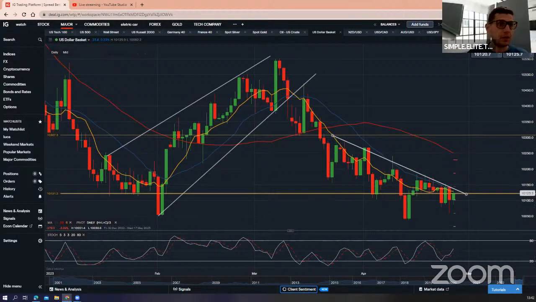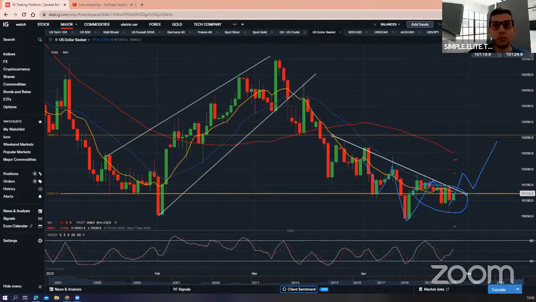Price is now ranging in this downtrend, and we could probably see the dollar start to develop an uptrend until the resistance level at 103, but it's not ready yet.